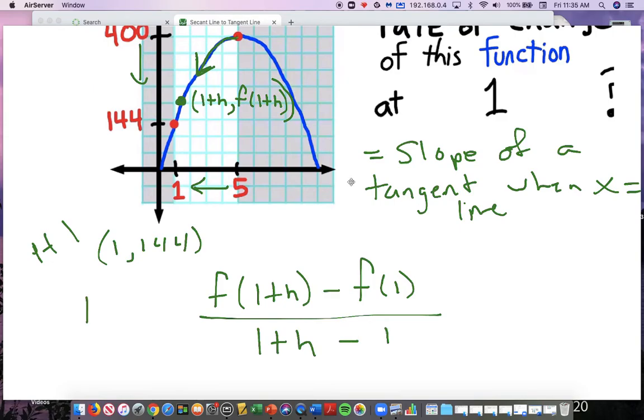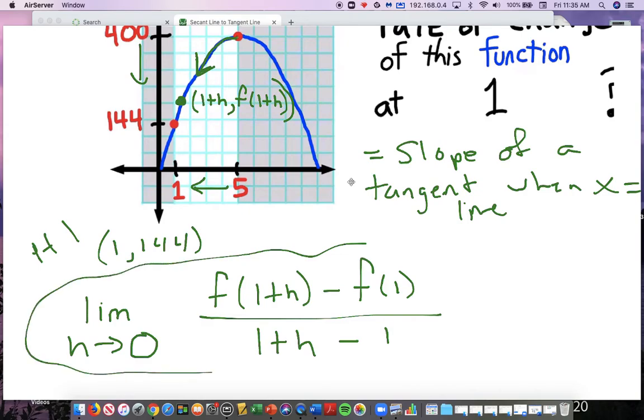And ideally, in order to squeeze that, what I really want to do is make h get closer and closer to 0. If I did this using limits, I could make that h get closer and closer to 0.